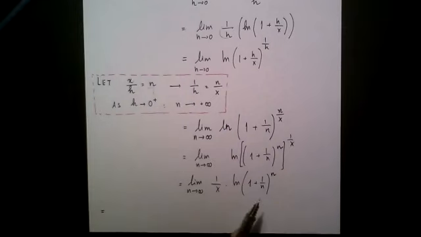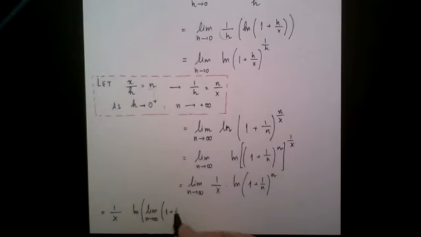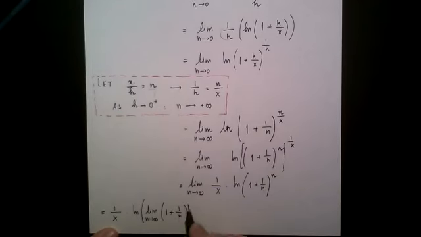Now I could extract the 1 over x outside because it does not depend on n, so I don't need it in the limit. Times, and now the limit I can incorporate wherever I want, so I will incorporate it inside the ln. So it's ln of the limit as n approaches infinity of 1 plus 1 over n, to the power n.